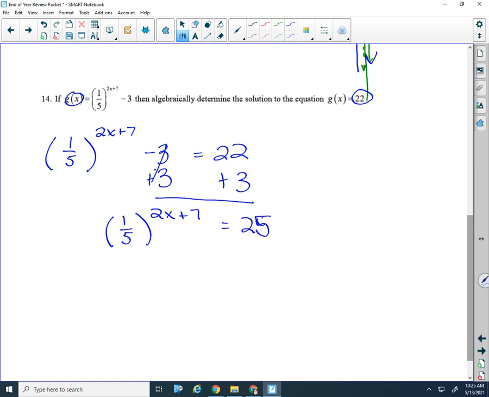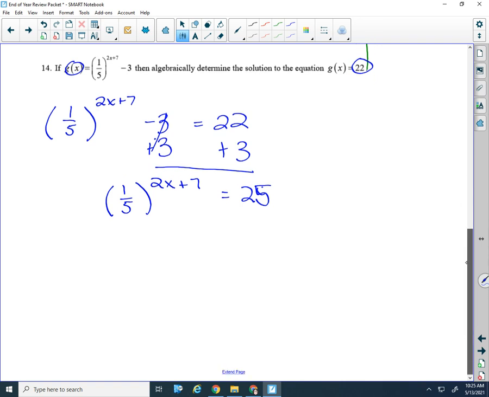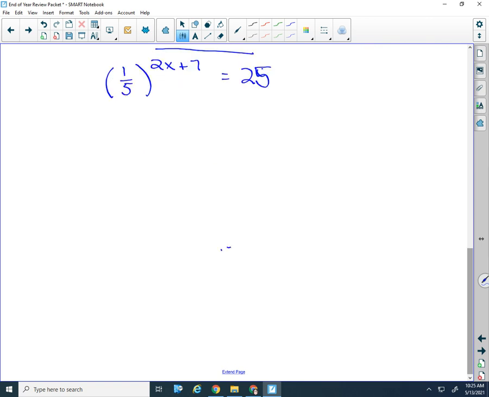Now you have options. You can put this in logarithmic form, just like we did for number 11, and then solve for x. I actually am going to do that, and then I will cross it off and show you the method of common bases. So I'm going to do log base, number equals exponent.